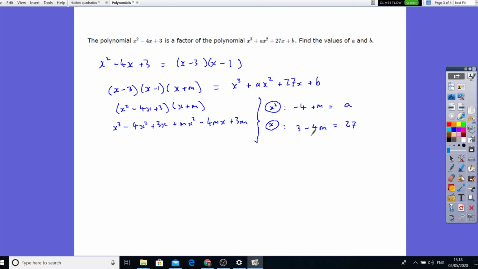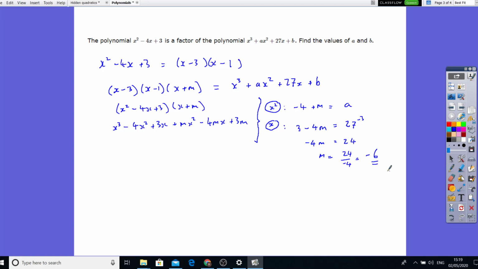So straight away, I can start solving this. Let's just take this 3 to this side. So 27 take away 3 is 24, and minus 4m equals 24, so m is going to equal 24 divided by minus 4. 6, 12, 18, 24, so it's just going to be minus 6.